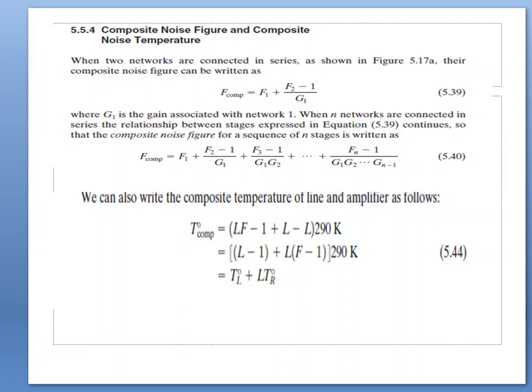When networks are connected in series, the relationship between the stages continues, so that the composite noise figure of n stages can be written as F composite is equal to F1 plus (F2 minus 1) divided by G1 plus (F3 minus 1) divided by G1 G2 and so on, (Fn minus 1) divided by G1 G2 and so on, G(n minus 1).